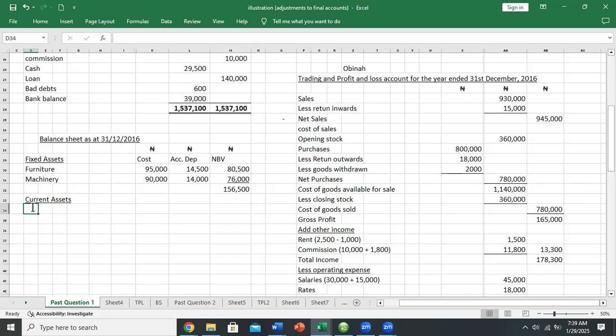The closing stock, obviously. Then followed by the debtors figure. But again, here you have to take your time and pay attention.